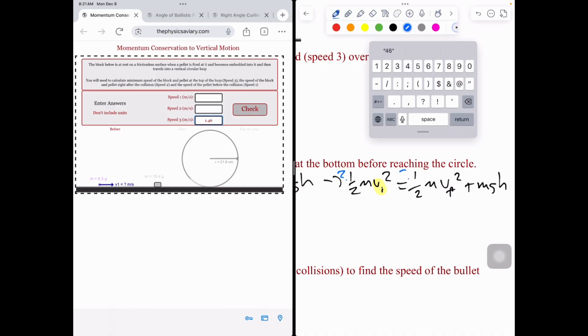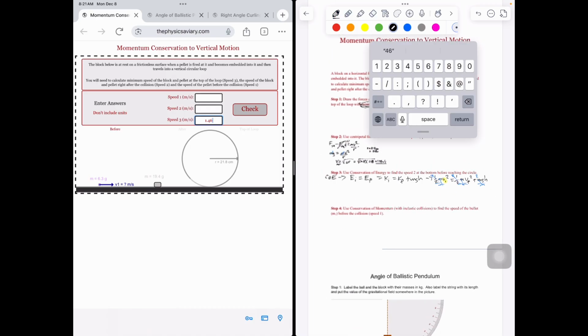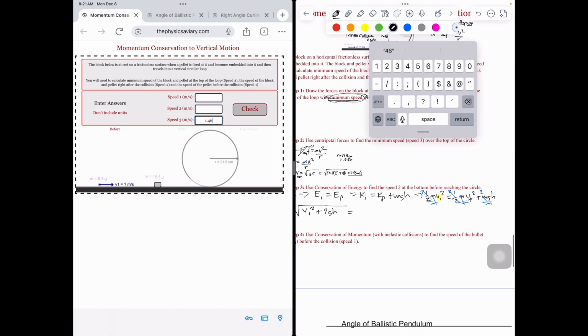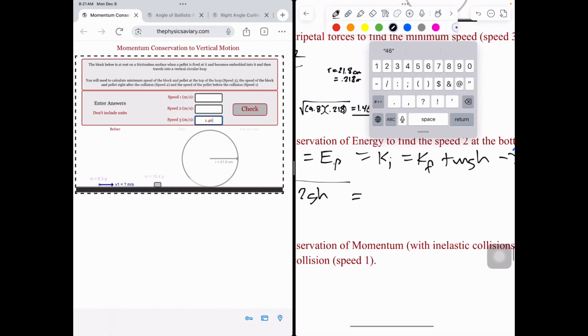You have to multiply everything by 2. Okay, divide out all the masses. Cancels everywhere. And then finally square root. So the equation we're working with is v initial equals the square root of v final squared plus 2gh. Okay, that's what we're left with here, and we're going to plug into that.